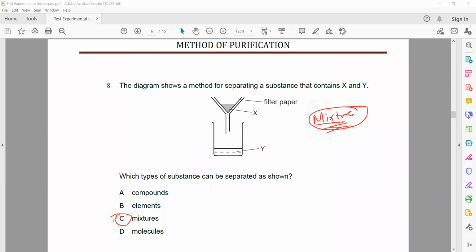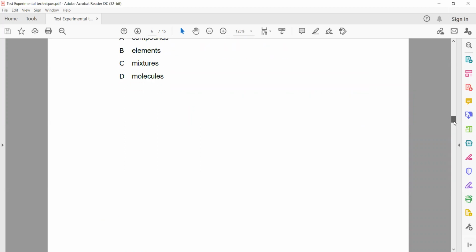That's why C is the right answer, not the compound. Compound means X is combined with Y. But here there is a mixture, you have particles of X and you have particles of Y. There is no chemical combination. So all these techniques are used to separate the substances present in the mixture from each other.